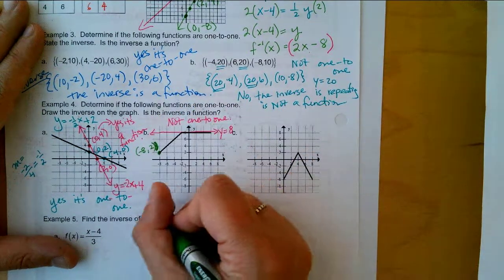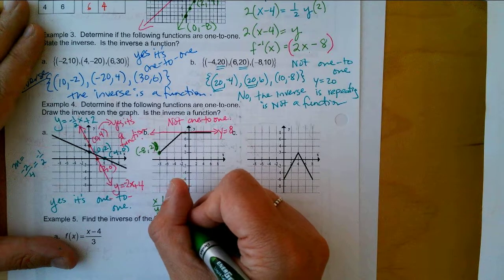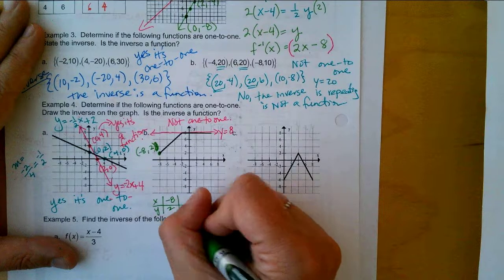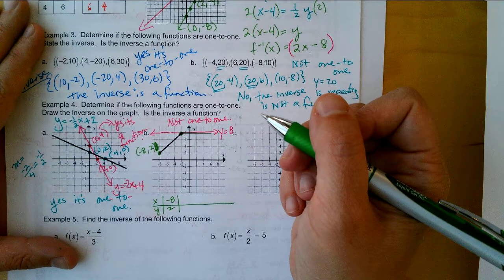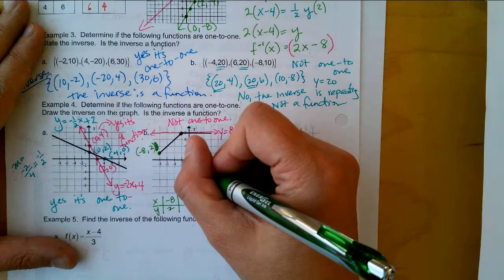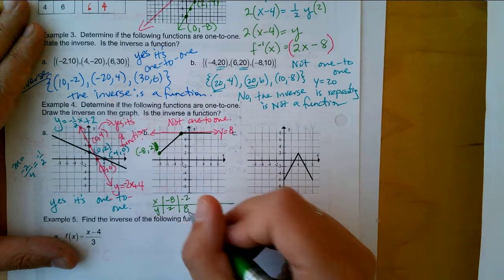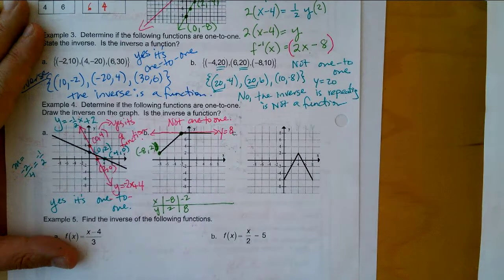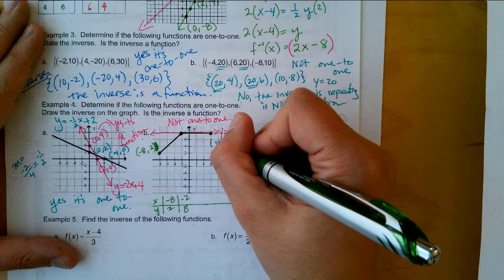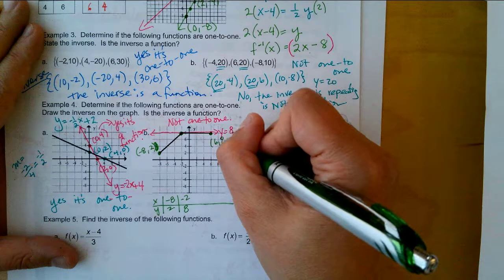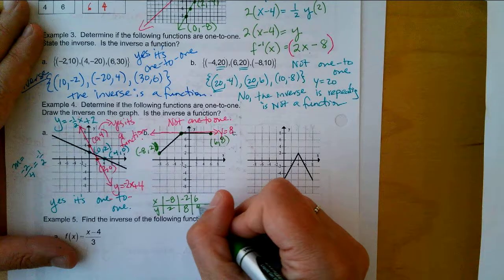Okay, maybe we could do a table of values, x, y. -8, 2. And then here's another point where it changes directions. What's the ordered pair of that point? -2, 8, right? And then what's the ordered pair of this point? -6, 8.